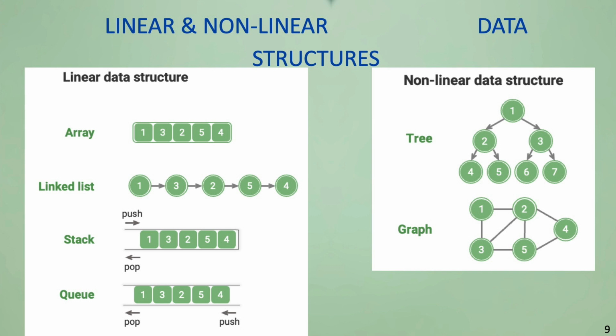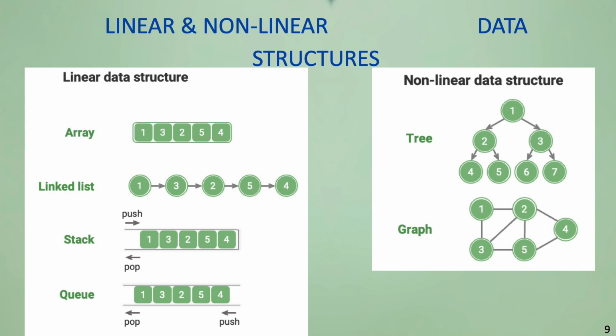The difference of arrays from linked lists is, in a linked list the data elements may be at different memory locations, and they are all linked by pointers in between. And in case of arrays, for all the elements, memory has to be allocated in consecutive memory locations.